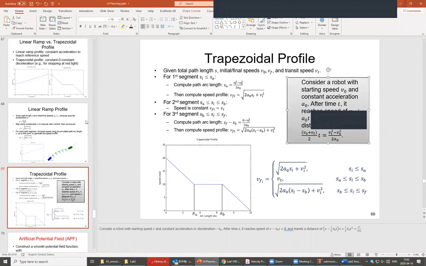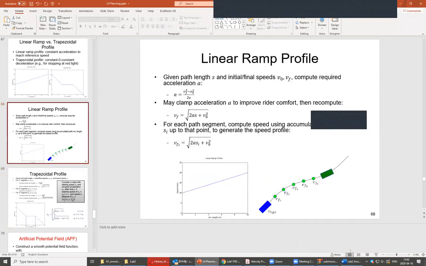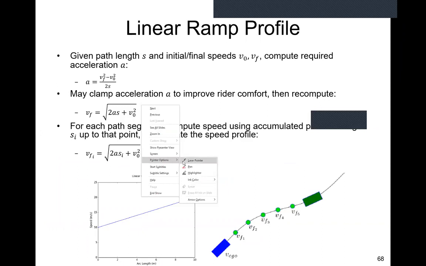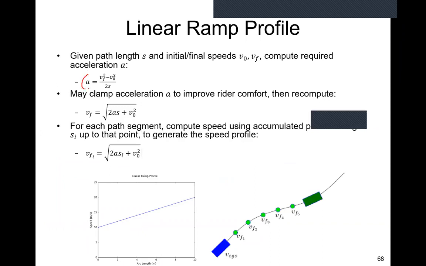And you may clamp the acceleration to improve rider comfort by putting an upper bound on the acceleration. Then for each small path arc, you compute the speed using the accumulated path length from the origin to the current position, to generate a speed profile based on the equation here.